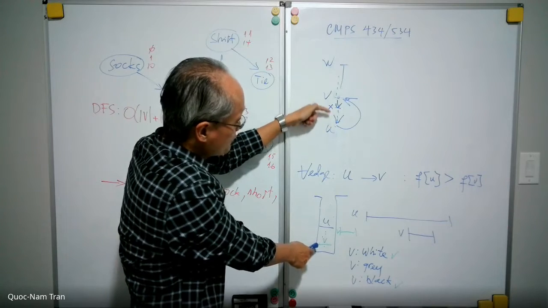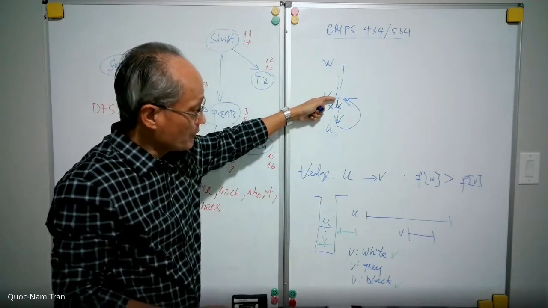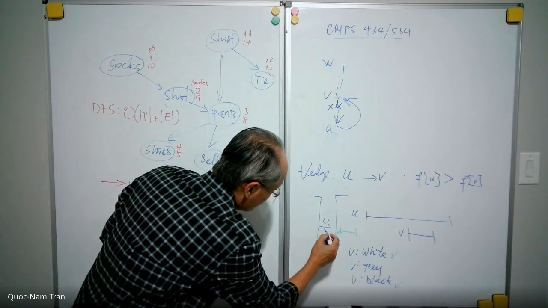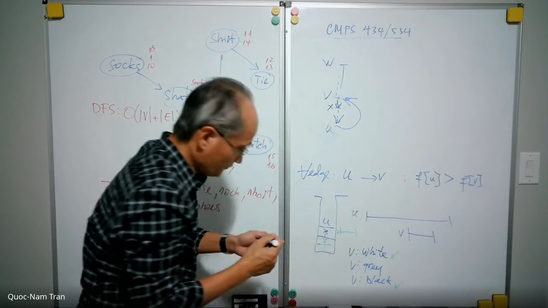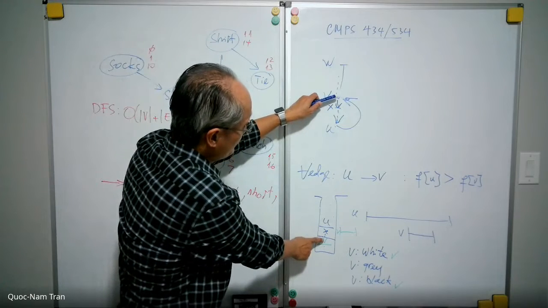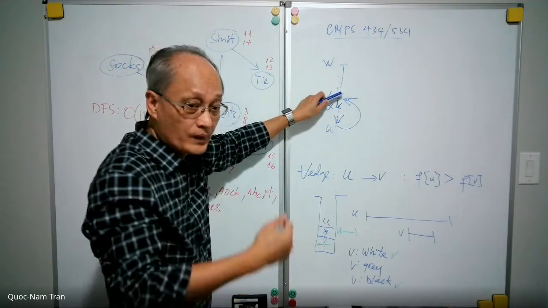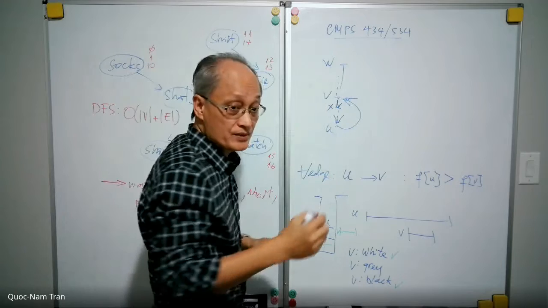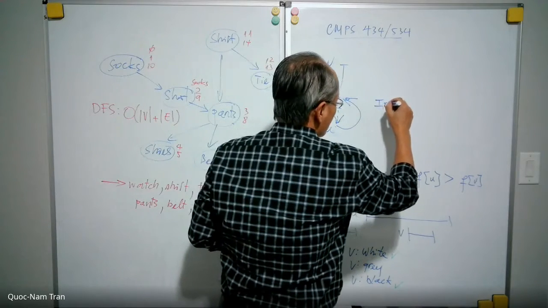Right? But this one is not possible because if it's the possibility, then let's say we have the X here, maybe one or two of them. But if it's the case, if V is gray, right? Then we have what we call a back edge. And this one is impossible, right? Because why is impossible?